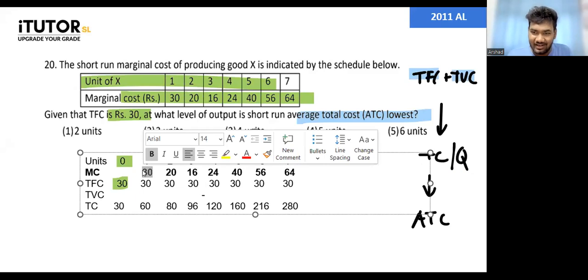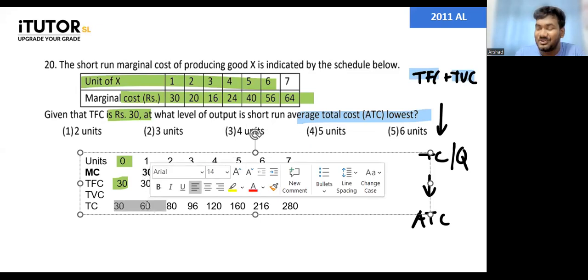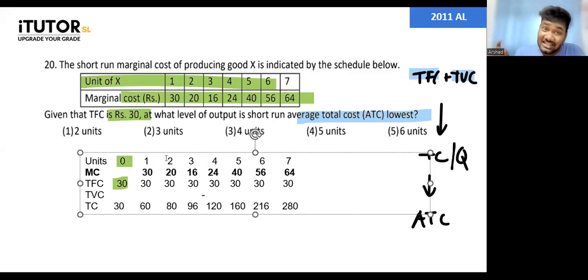Now, because the first student is coming to class, I have to incur another 30. That is my variable cost, no? Maybe my tute printing cost, maybe my packaging and couriering the tute for you. That cost, the variable cost. So that and this, how much is my total cost? 60 rupees. Then when my second student comes to class, the question is saying the marginal cost is 20.